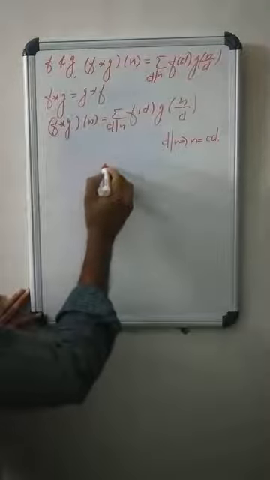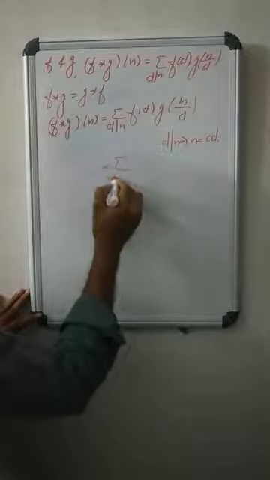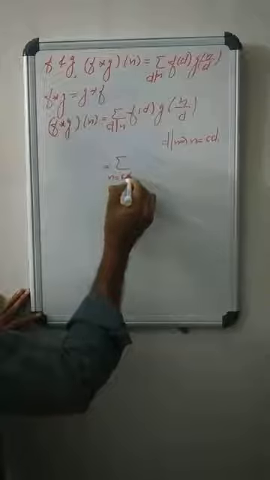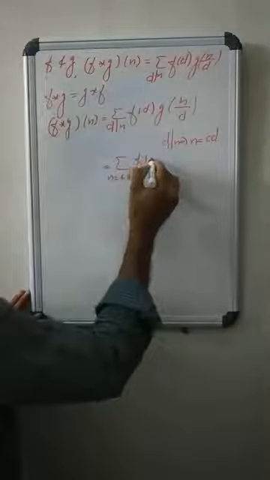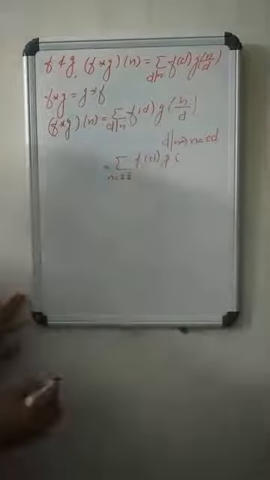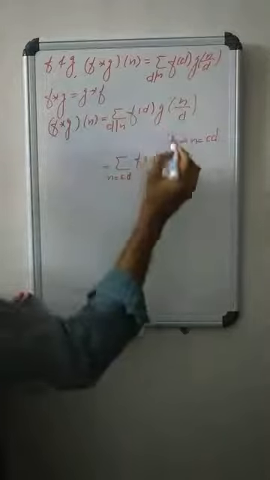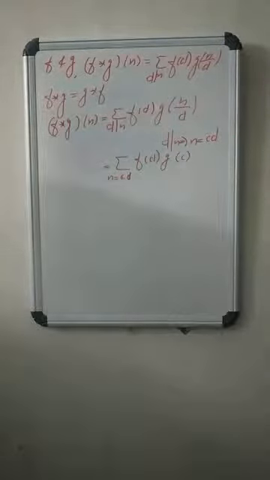So this can be rewritten as the sum over n equals c times d of f(d) times g(c). Why? Because n equals cd, so n by d is c.